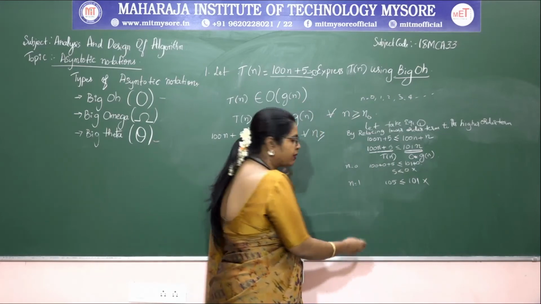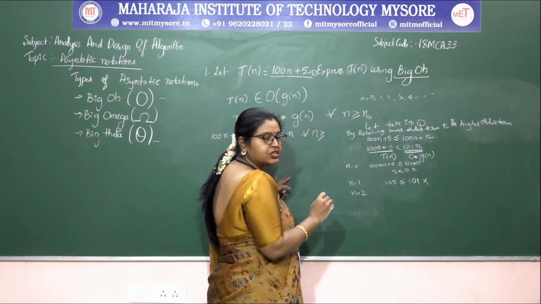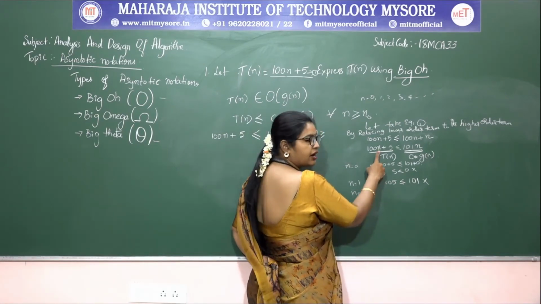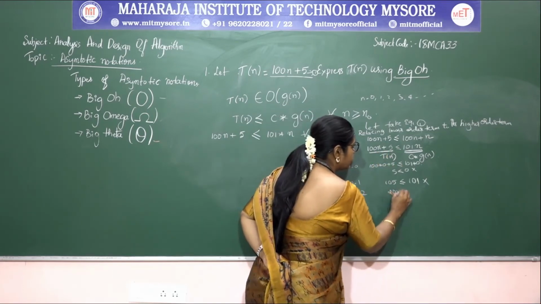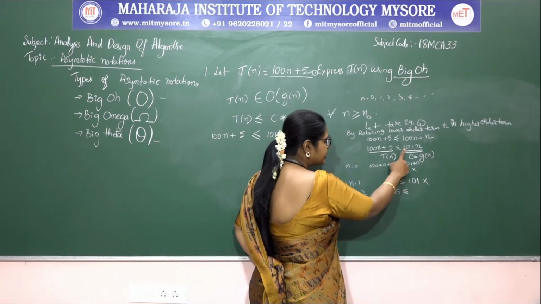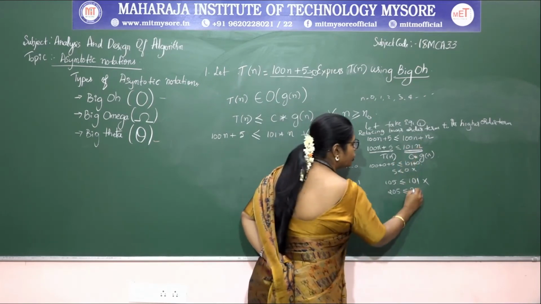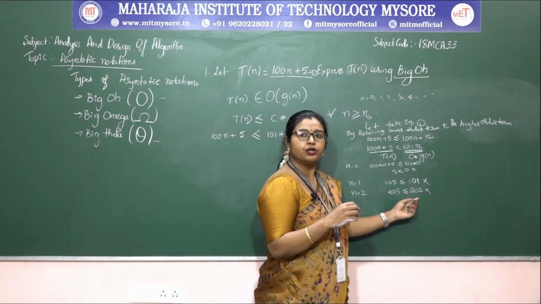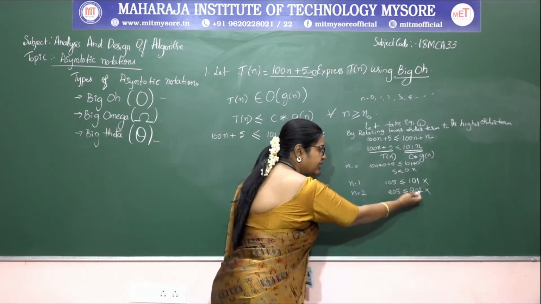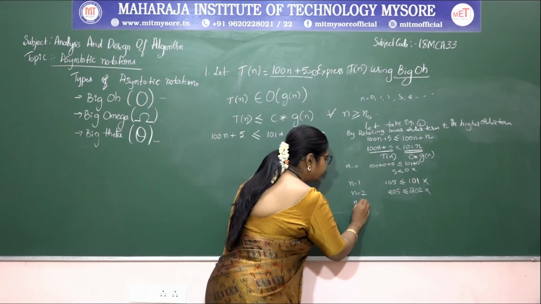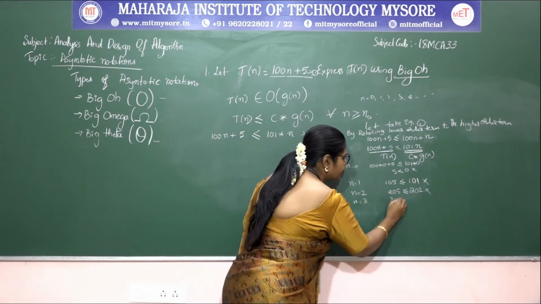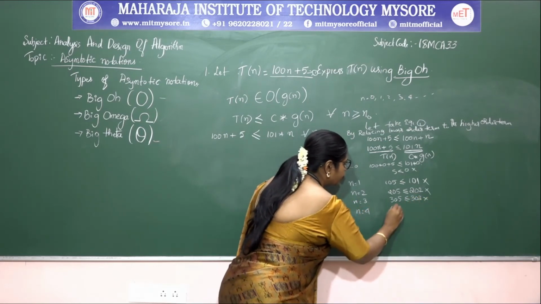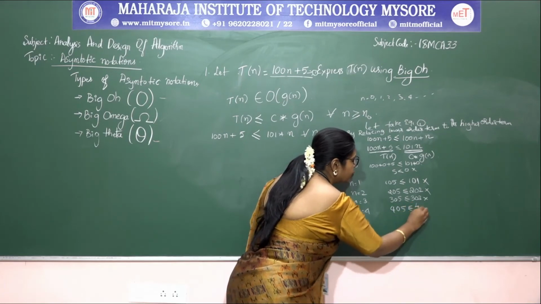If it is false, just increment the value of n. n is equal to 2: 100 into 2 is 200, 200 plus 5 is 205, less than or equal to 101 into 2, which is 202. This is also false, since the left side is greater than the right side. Increment n to 3: 305 is less than or equal to 303, again false. n is equal to 4: 405 less than or equal to 404, also false.